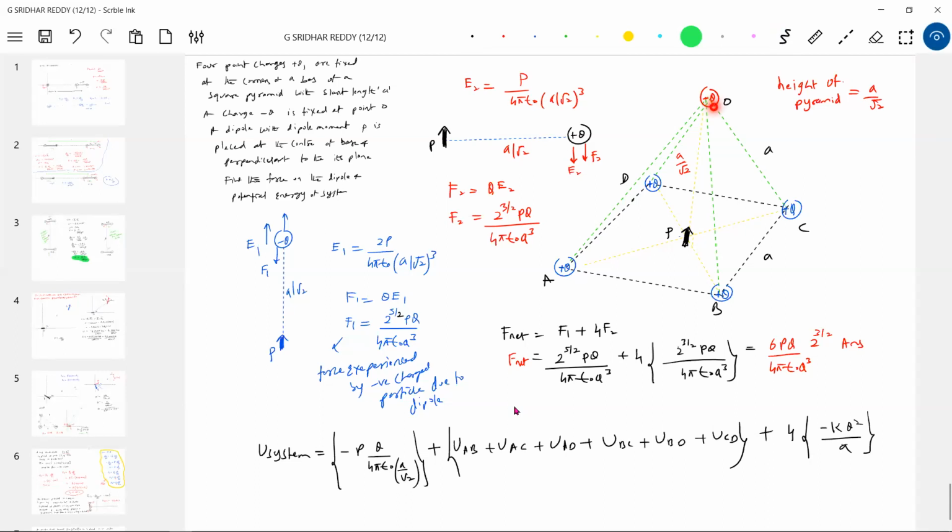This point charge will interact with the charges kept at the corners. 4. What about this? These are the interactions between AB, AC, AD, then BC, BD, then CD. Resultant of all this you have to calculate.